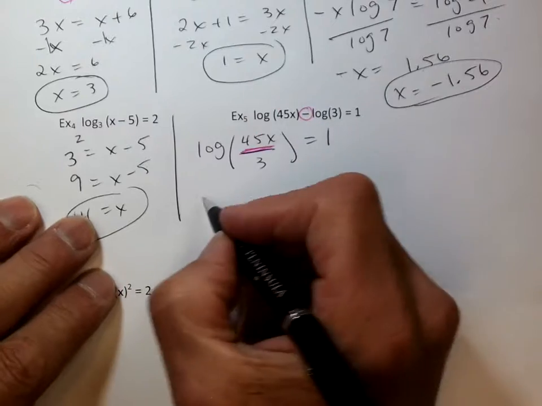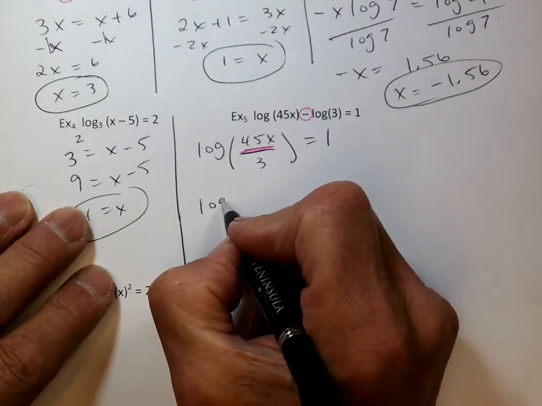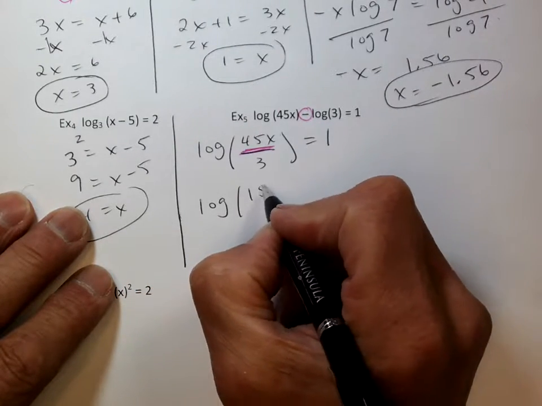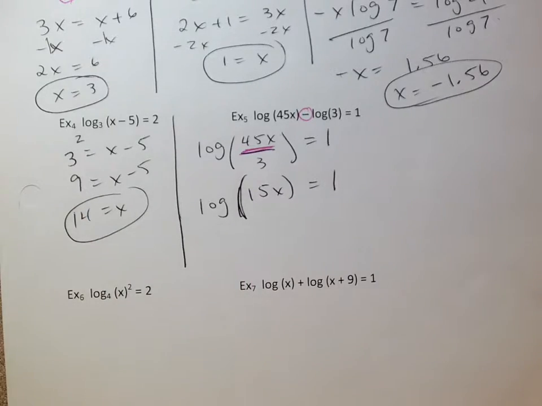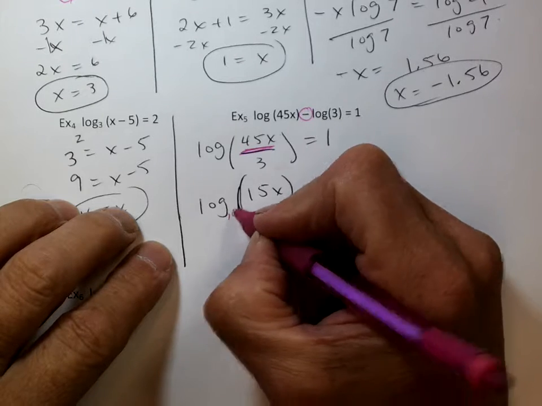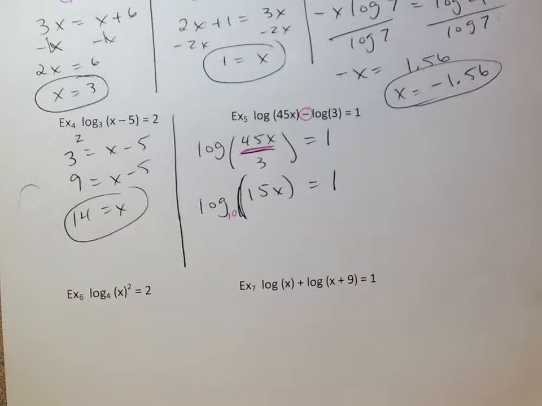So let's rewrite that as log of 15x equals 1. Now, there's an invisible base, right? And that's base 10. I want to make sure I put it in there, because now I'm going to move it from log form to exponential form.